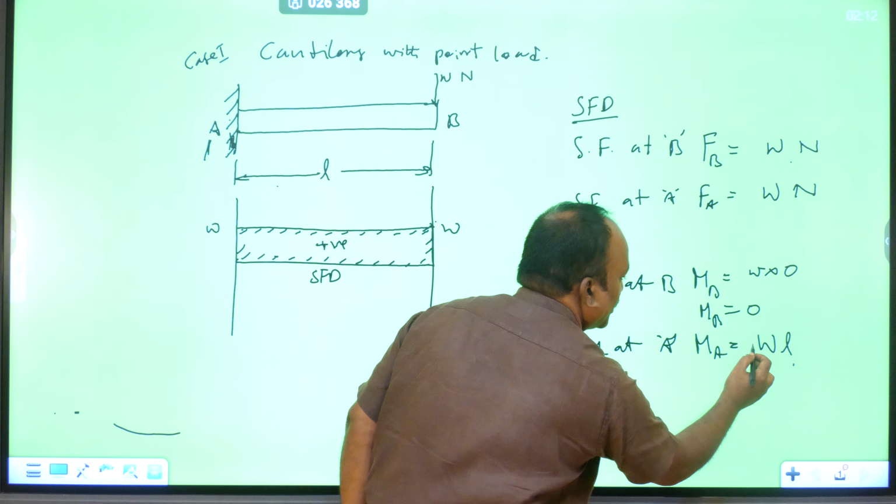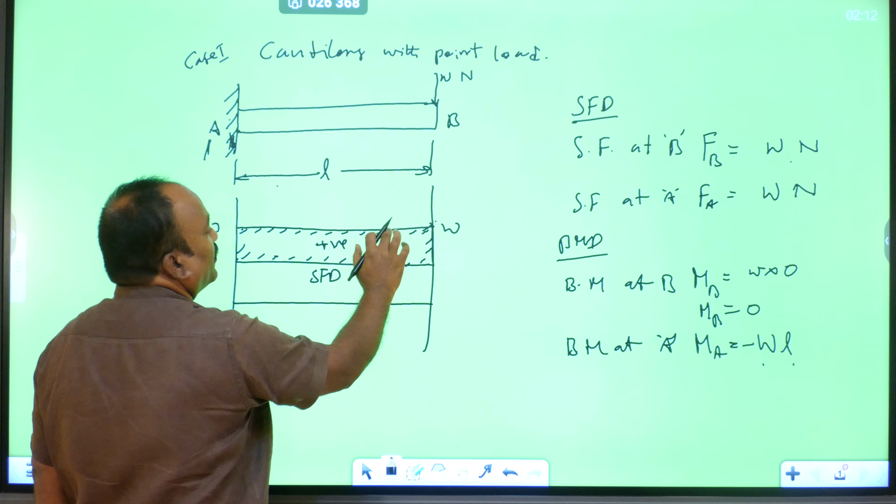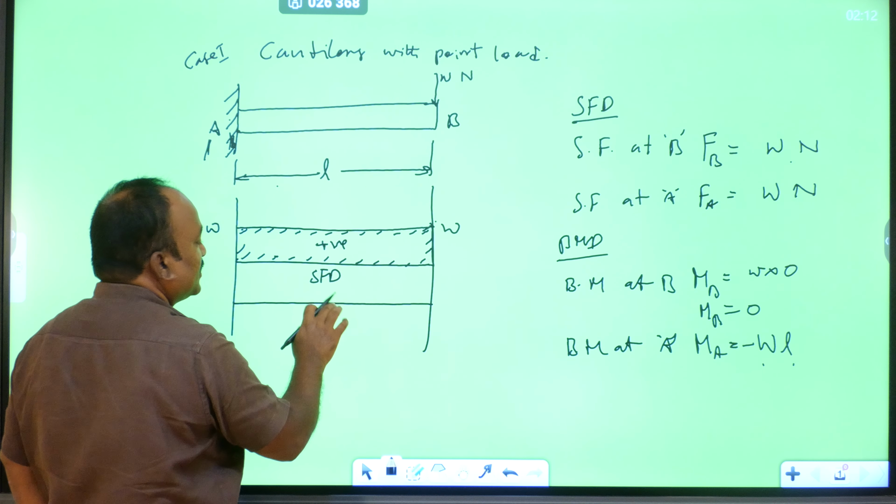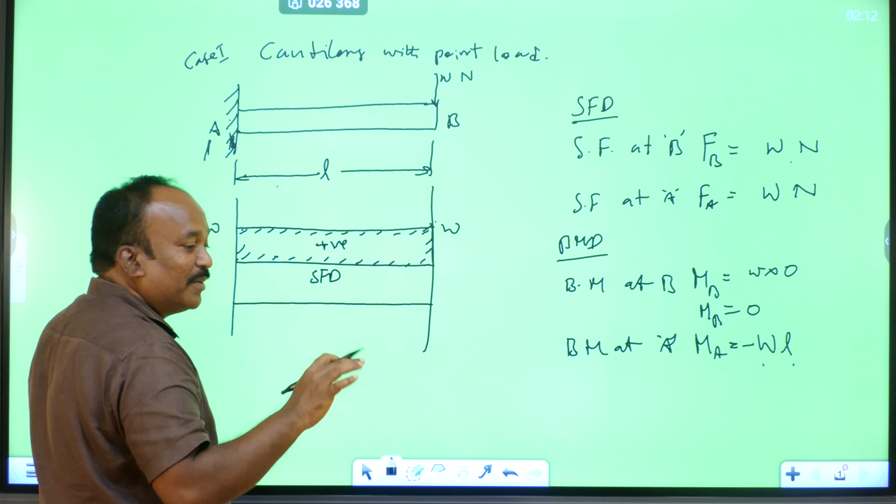Next, draw the BMD. Here also take a reference line of zero value. In the SFD the zero value is shear force zero; in the BMD it is bending moment zero. Negative is below and positive is above the reference line.